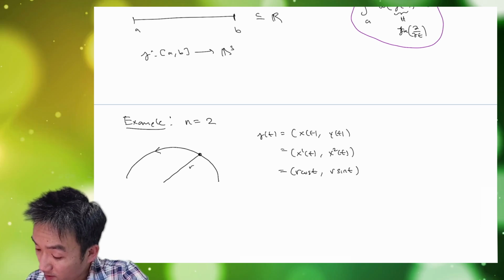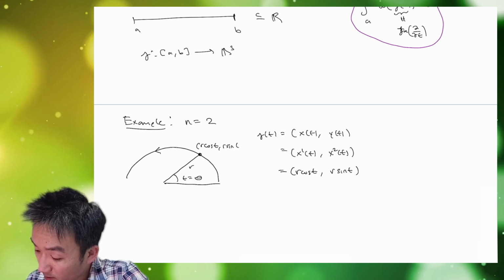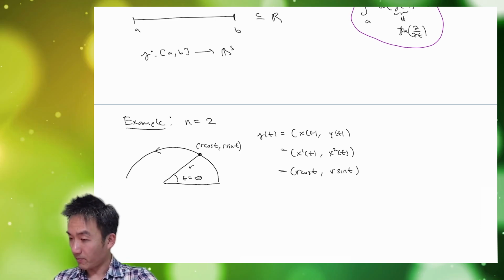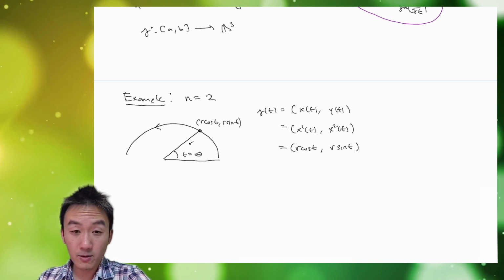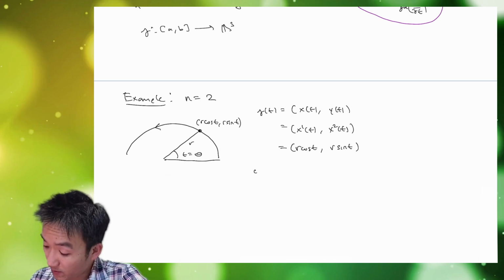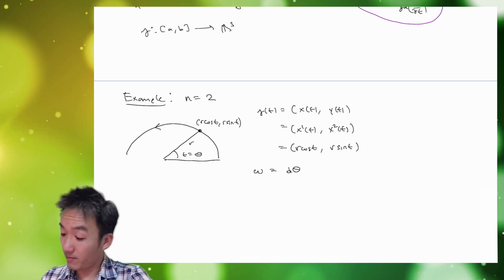So t is in effect the angle theta, and this is r cosine t, r sine t. And what is the differential form that we're going to integrate along this curve gamma? Let omega be the polar coordinate one form, just d theta.